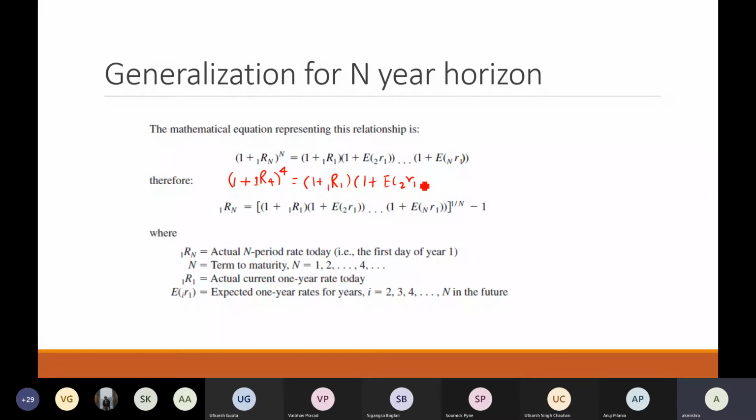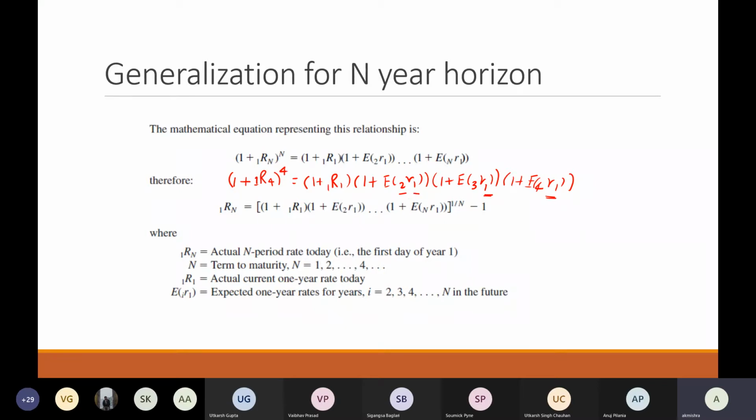This is for the first year, this is for the third year, and this is for the 1 year maturity bought in the 4th year. This is the expected yield or interest buying in the 3rd year for 1 year, same way the 2nd year for 1 year maturity, and this is the spot rate.